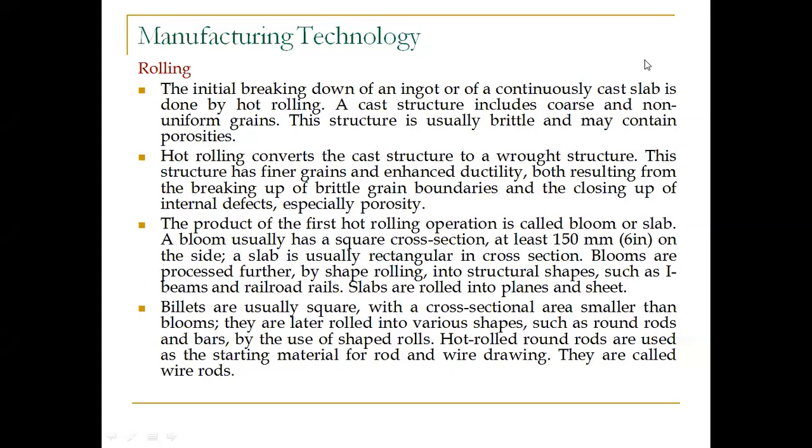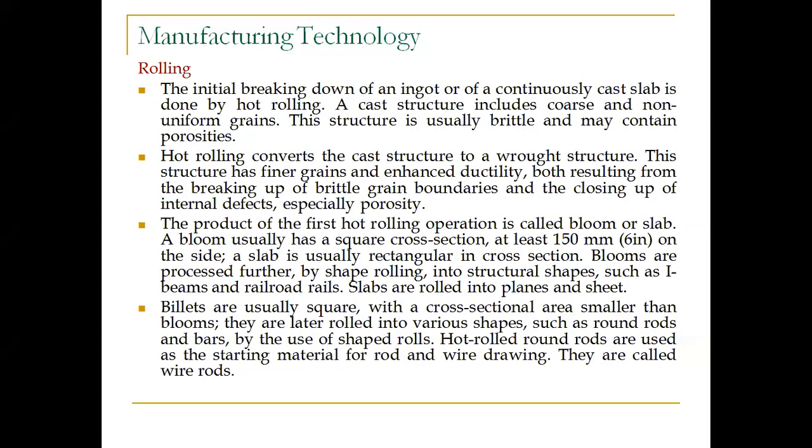So basically some points are important from the point of view of rolling. The initial breaking down of an ingot or of a continuously cast slab is done by hot rolling. A cast structure includes coarse and non-uniform grains. This structure is usually brittle and may contain porosities.